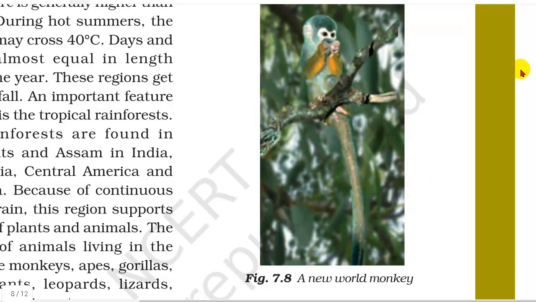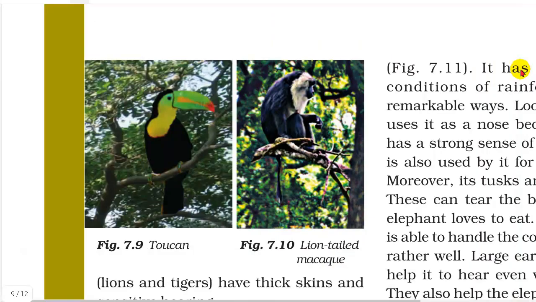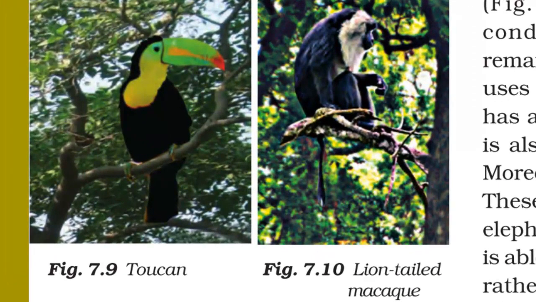Since there is a lot of competition for food, some animals are adapted to get food that is not easily reachable. For example, the bird toucan, which possesses a long, large beak. This large beak helps to reach the fruits on branches which are otherwise too weak to support its weight.